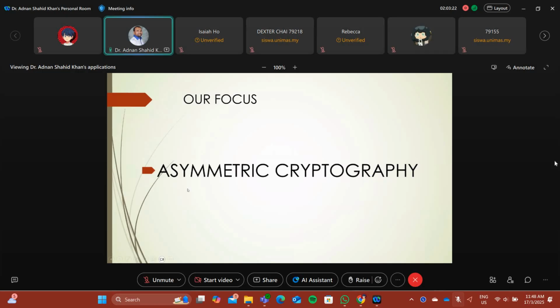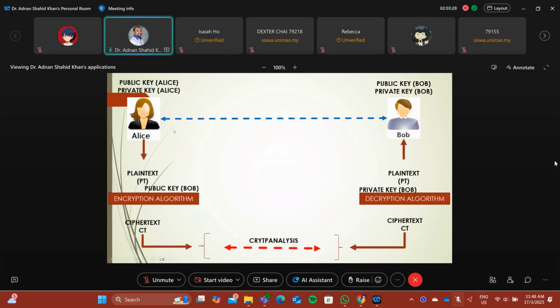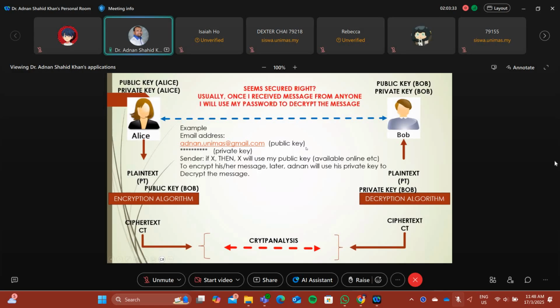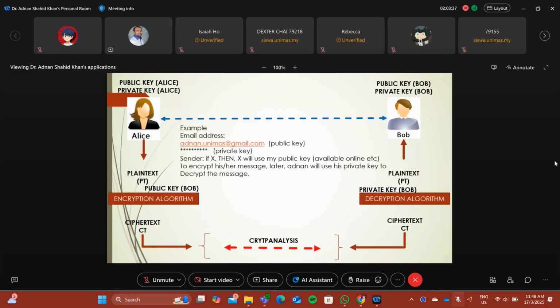Our focus will be the asymmetric crypto system. For instance, see how it looks. From here, this Adnan.unimas@gmail, this is my public key, this is my private key.